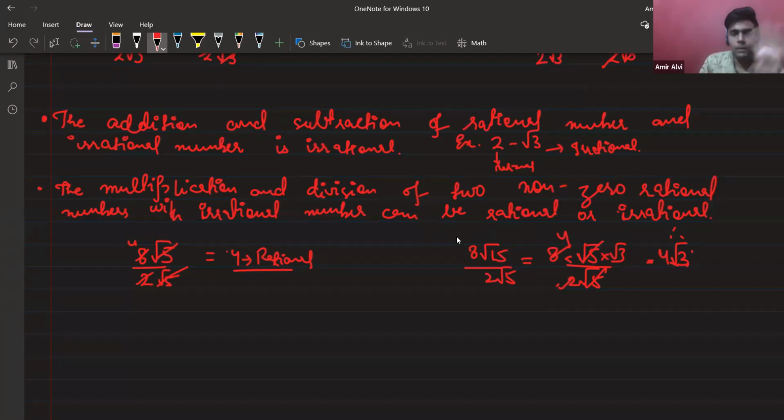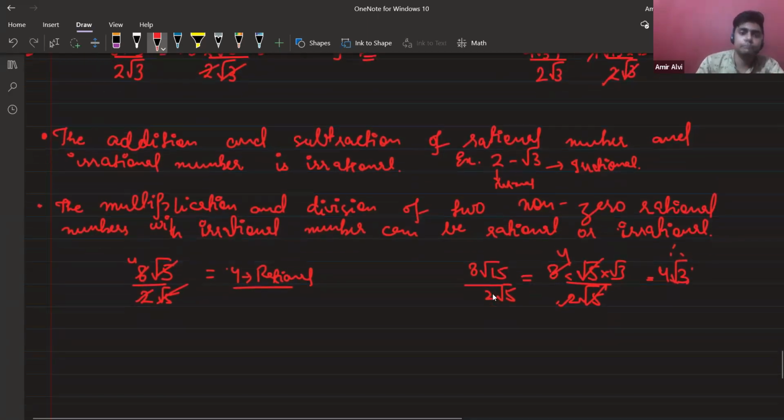But the subtraction and addition will give always the irrational number. Okay. Simrat, got it? Yes or no? Okay. So these are the points that we have to cover in this.